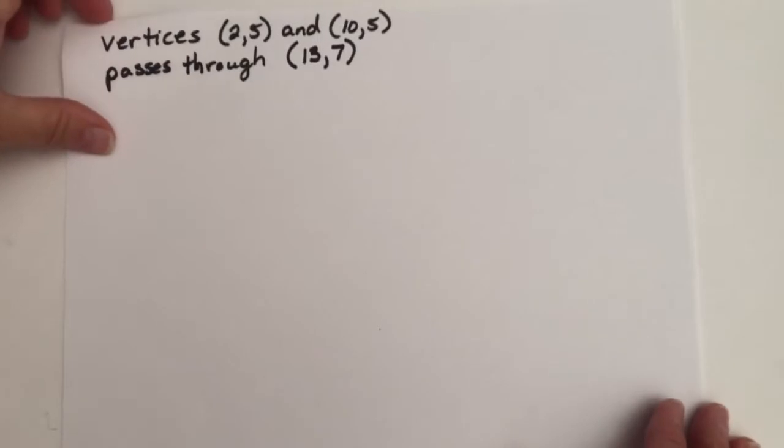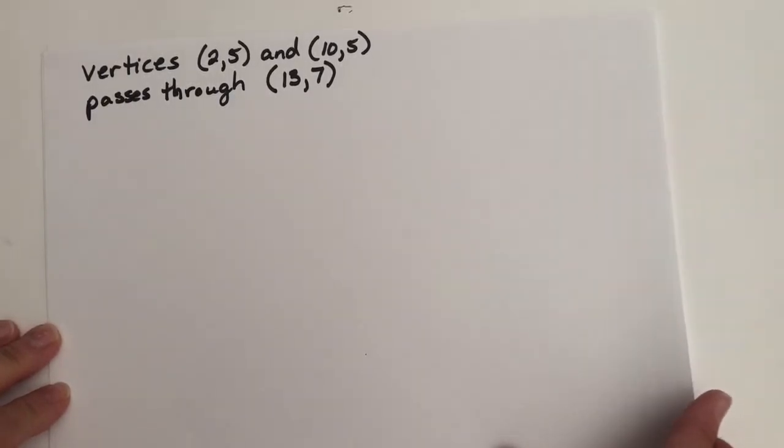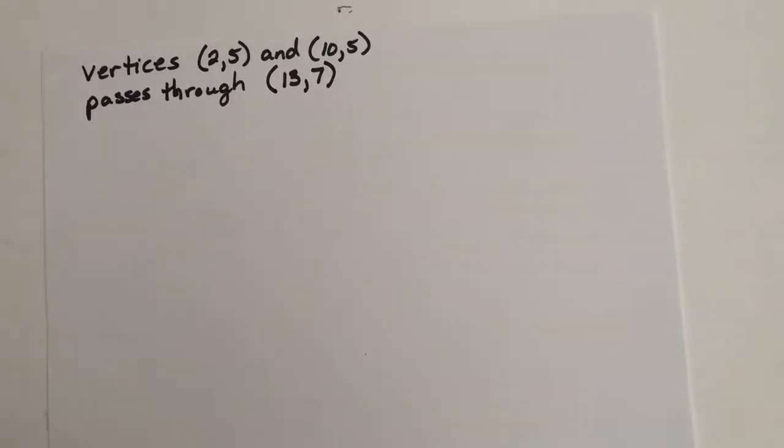For this problem, we'll have the vertices at 2, 5, and 10, 5. And we're going to have the equation pass through the point 13, 7. So a little bit different. But let's draw a picture of what's happening for this one.